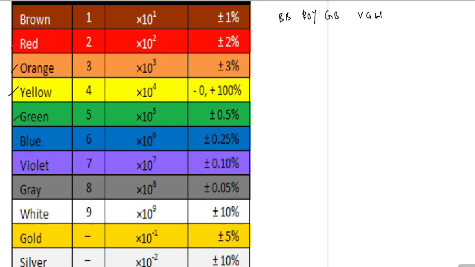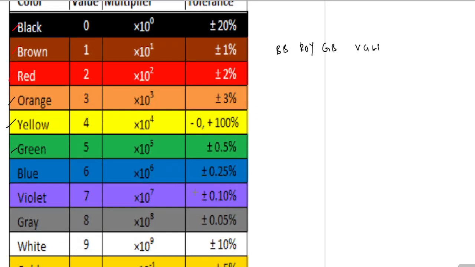The numbers start from 0. So it is 0, 1, 2, 3, 4, 5, 6, 7, 8, 9. Remember, the first one is black, so it takes care of the first B here. And the B here is for blue, and this V stands for violet, and W for white.